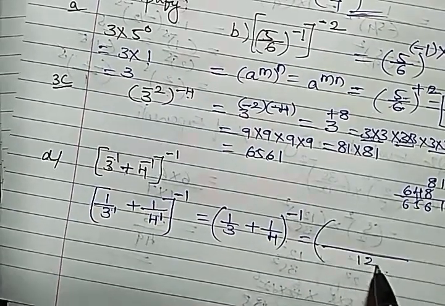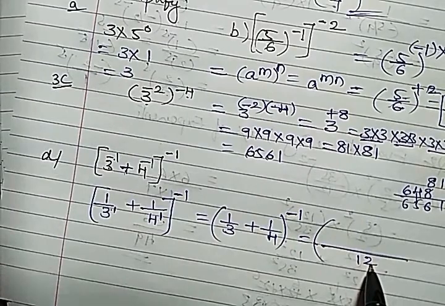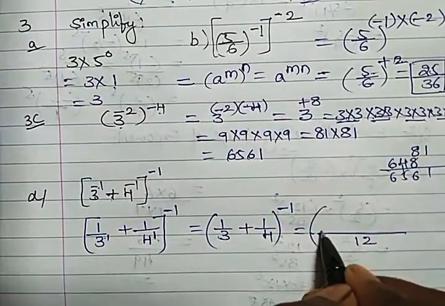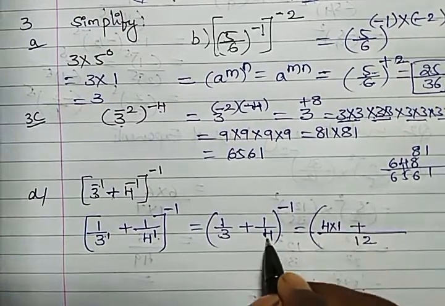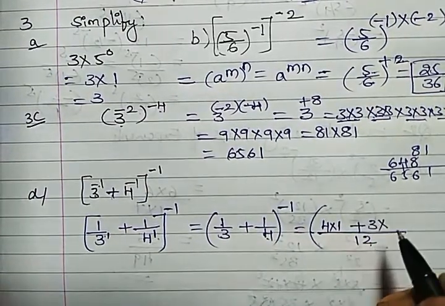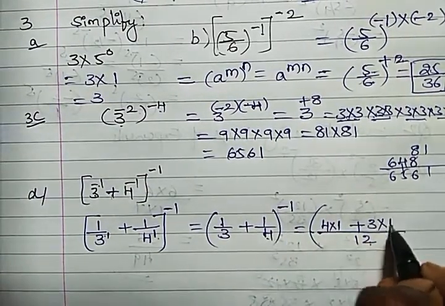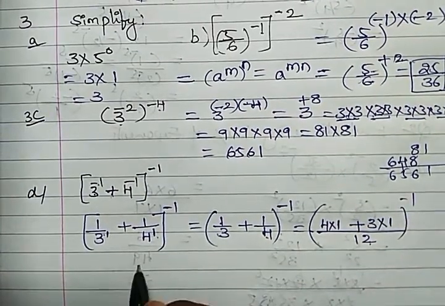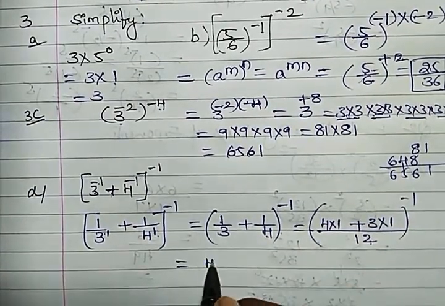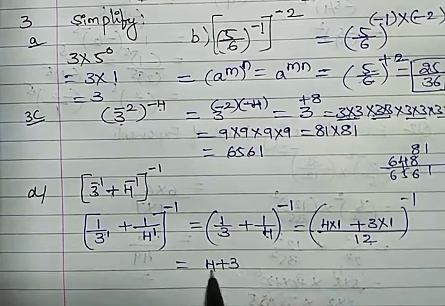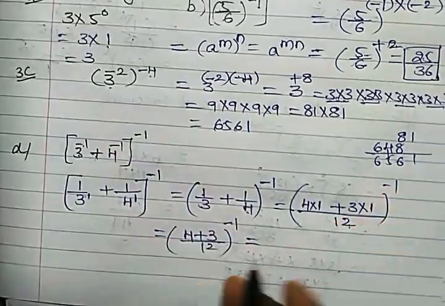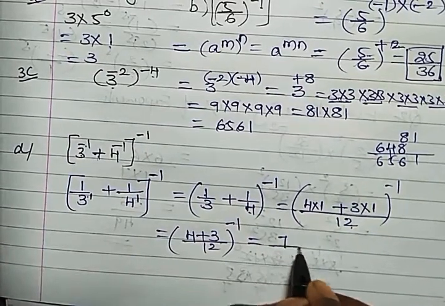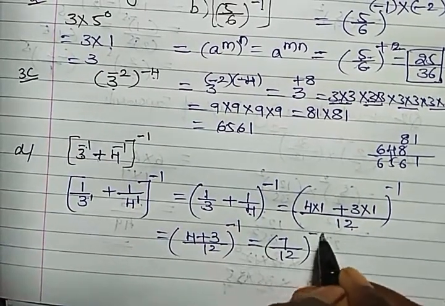LCM is 12. 3 goes in 12 4 times, so 4 times the existing numerator 1, plus 4 goes in 12 3 times, so 3 times the existing numerator 1, whole power minus 1. In the next step, 4 into 1 is 4, plus 3 into 1 is 3, by 12, whole power minus 1, is equal to 4 plus 3, 7 by 12 whole power minus 1.